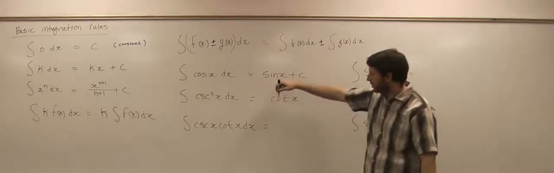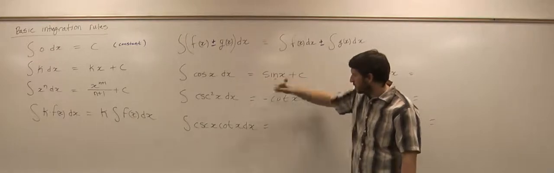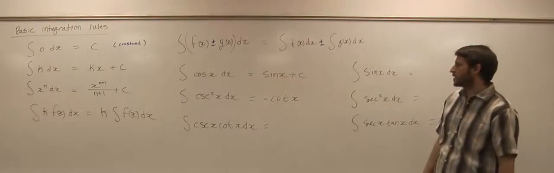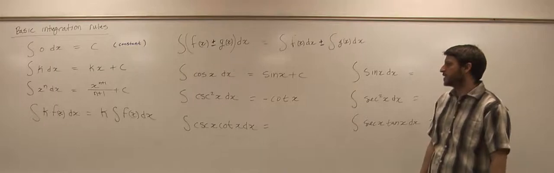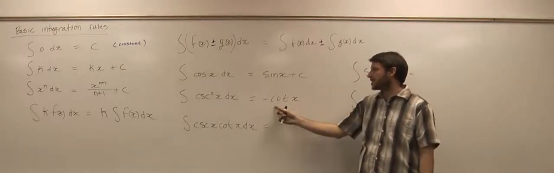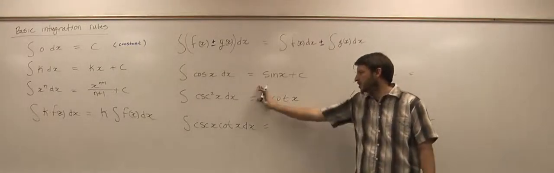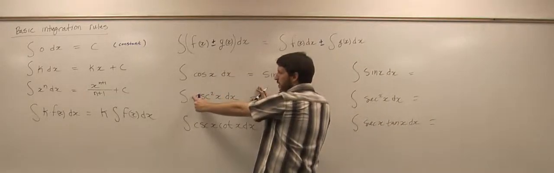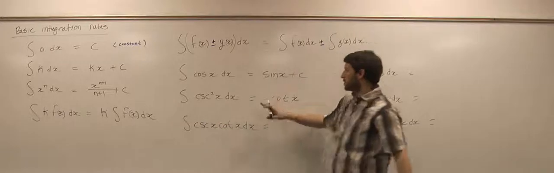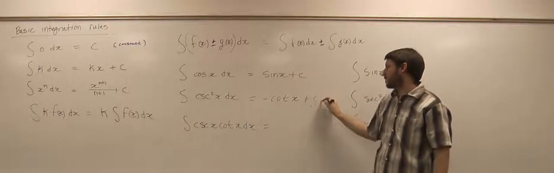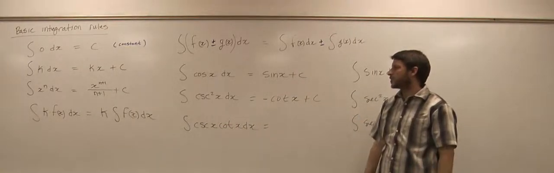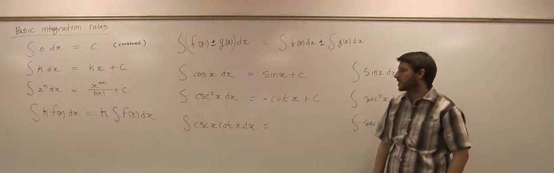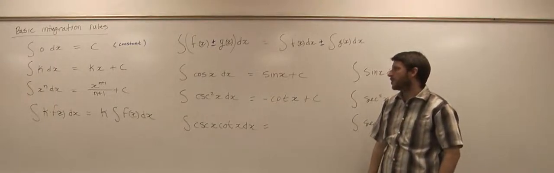It's negative. I got my pattern wrong. We can fix up the pattern in a second. But this one needs a negative, because if you take the derivative of cotangent, you get negative cosecant squared. If I want to get positive cosecant squared, I have to put a negative in front. So the integral of cosecant squared is negative cotangent.